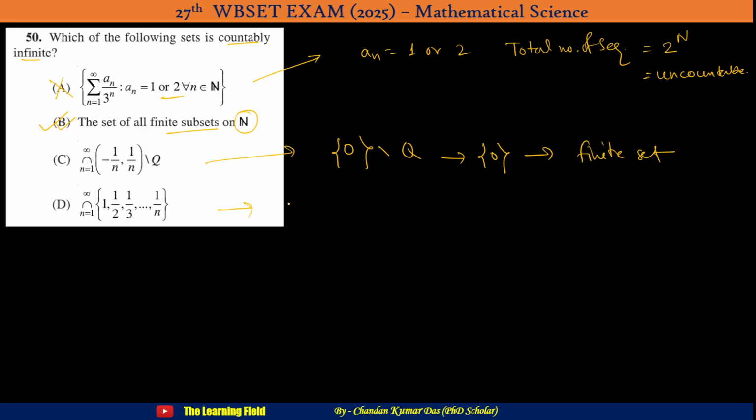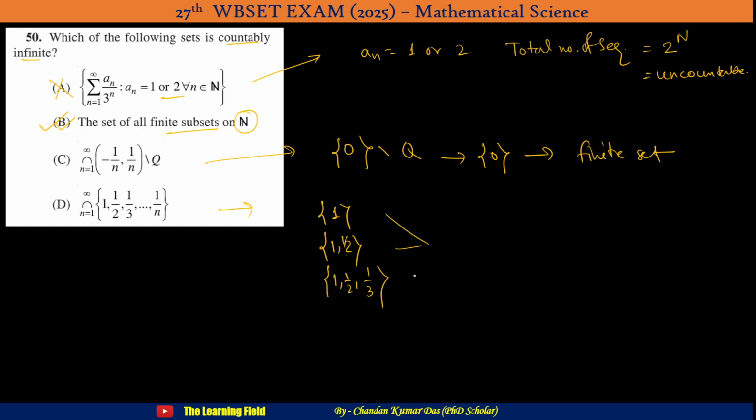And in this case also, if we take the infinite intersection of these, then we only get one set. Each set is exactly, because if we take the first one, then a two element set, 1 by 2, then 1 by 2, 1 by 3, like this.